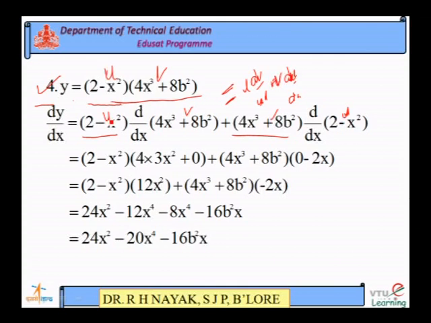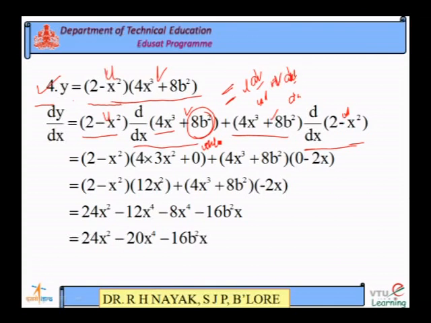Wherever we have d by dx, that is to be differentiated, other things are taken as it is. That is why 2 minus x square is taken as it is. Differentiation of 4x cube: 4 into x cube differentiation is 3x square, plus 8b square is a constant, whose differentiation is 0.